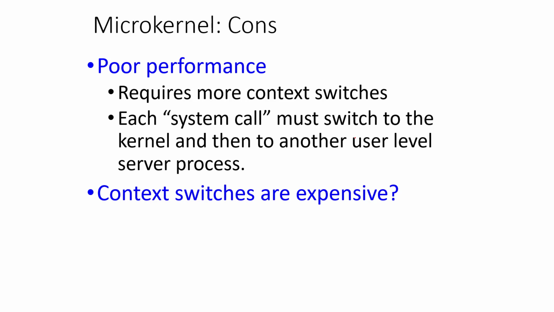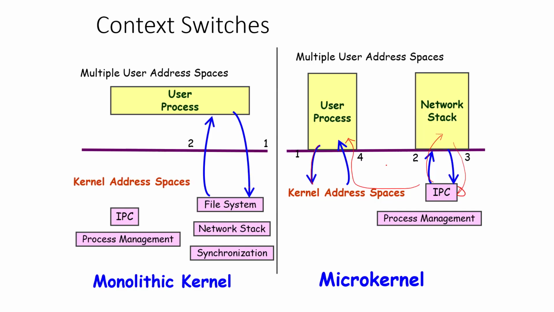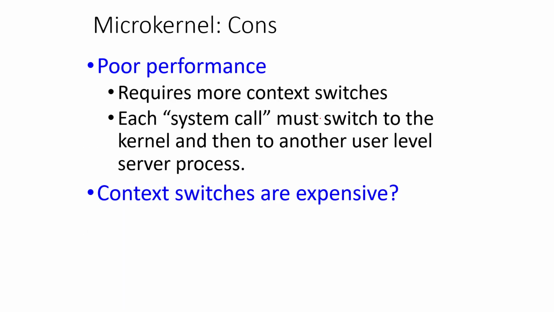Again, some cons of a microkernel: we could have poor performance, as you just saw, because given that each kernel call achieves less, we could have more system calls. Or if we still keep the same system call interface, you can definitely see that we have more context switches, right? Each system call has to switch to the kernel, which can again switch to a user-level process, switch back and switch back. So the context switches indeed become more expensive.